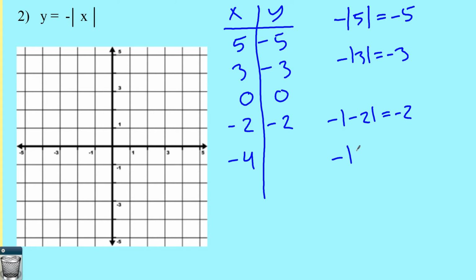Negative absolute value of -4 is -4. So here we can start to see the change. Down here, 3, -3, 0, 0, -2, -2, -4, -4.